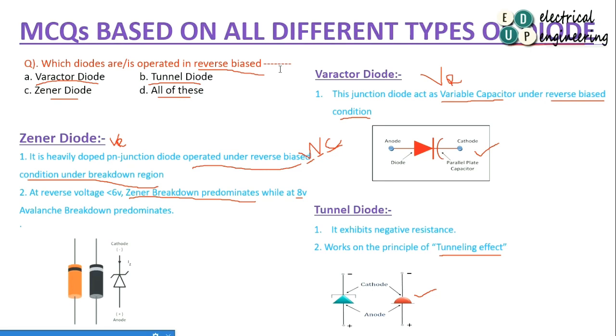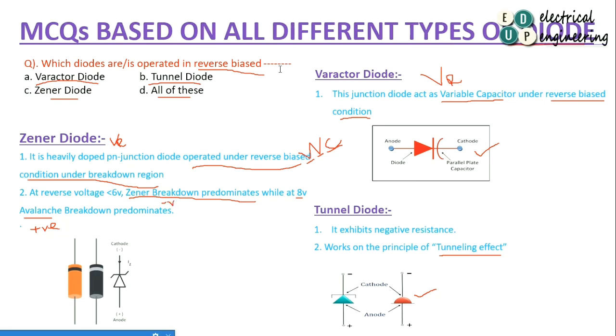Now, Zener breakdown predominance has a negative temperature coefficient of voltage, and avalanche breakdown has a positive temperature coefficient of voltage.